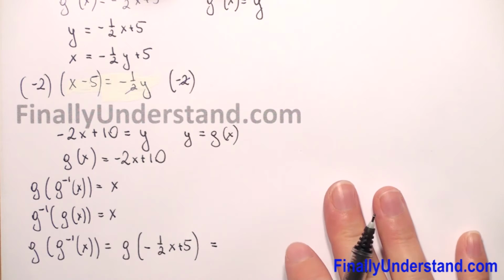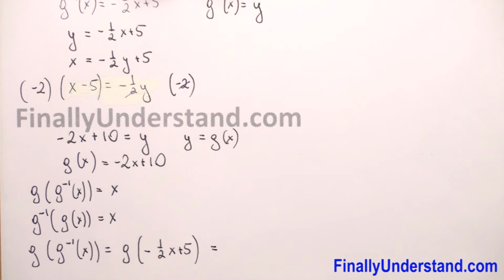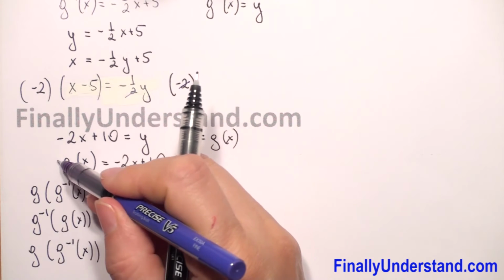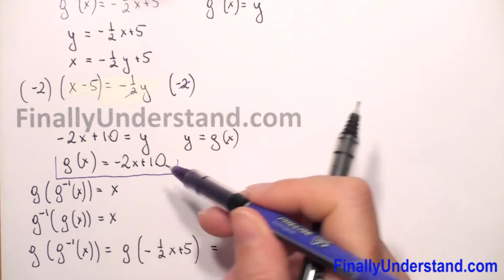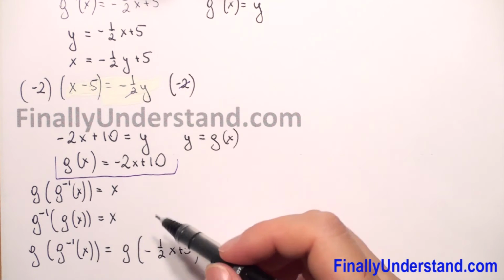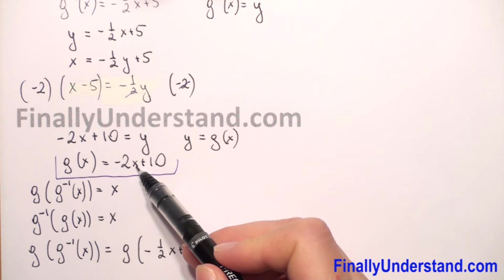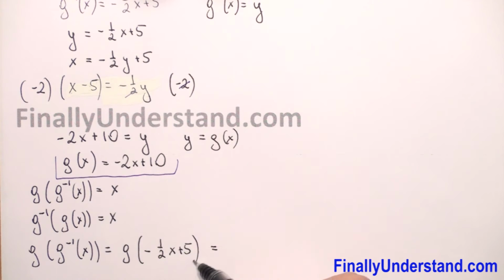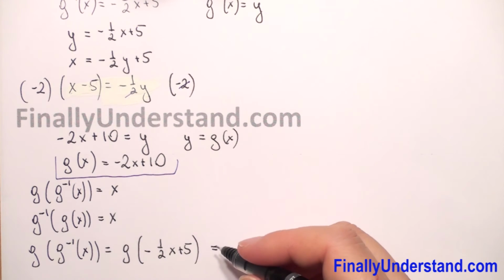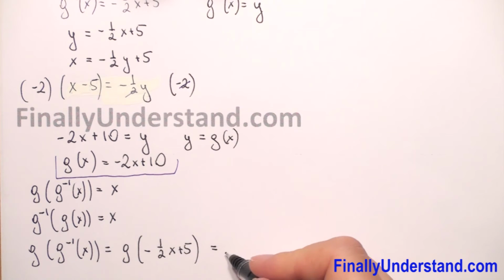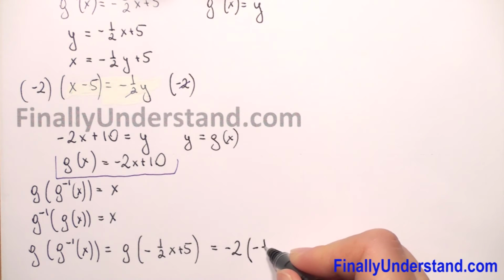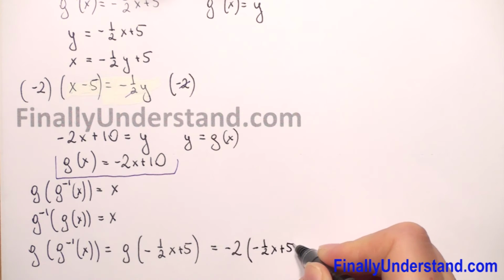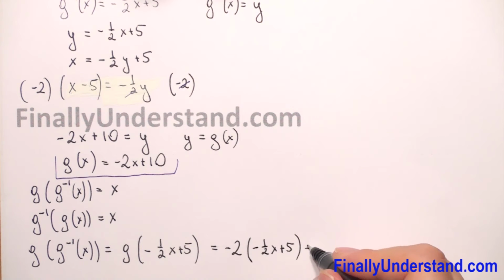This is equal to... Now we have to go to the formula which we calculated, that g of x is negative 2x plus 10. So we have to substitute x in this formula by whatever we have in parentheses. So negative 2 we copy, and x we substitute by this expression. So we have in parentheses negative 1/2 x plus 5, and we have plus 10.